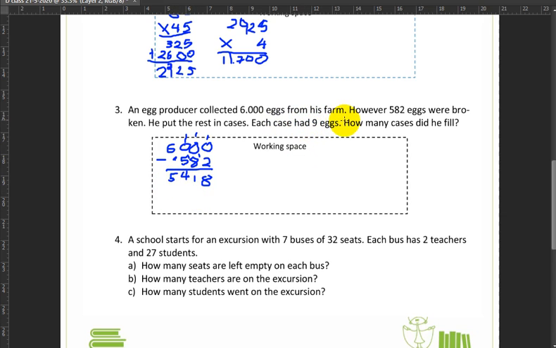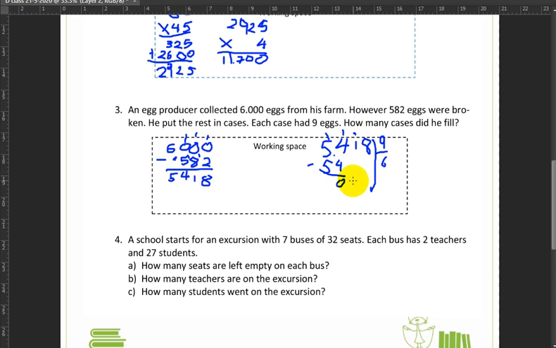And he puts them in cases of 9. So he separates them into groups of 9. That is division. So 5,418 divided by 9. 9 goes into 54 6 times. 6 by 9 makes 54 exactly. 54 minus 54 makes 0.